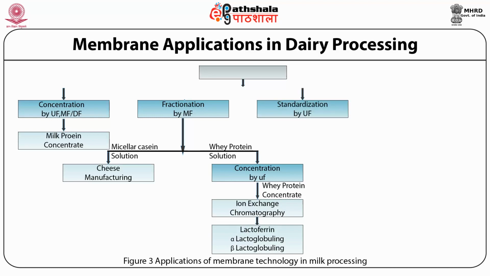Then standardization by UF. Skim milk is standardized with the help of the ultrafiltration process, and the protein content is standardized particularly, and it is used for the manufacturing of different types of cheeses or high protein milk.